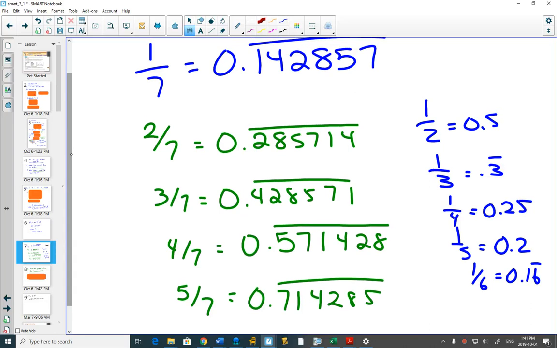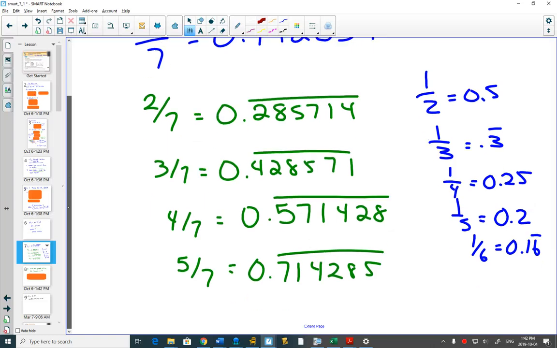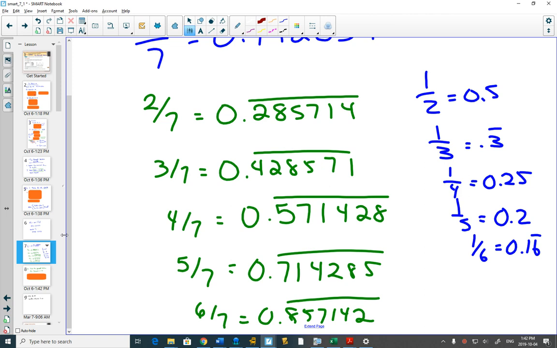Notice the original numbers, 142857. The second biggest number is a 2. And then the order stays the same, 285714. Then the third biggest number is the 4. And the order stays the same, 428571. Then the 571428. What is 6/7? 0.857142 repeated.